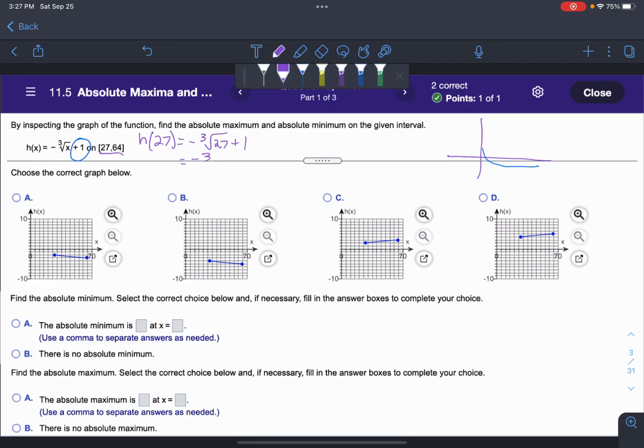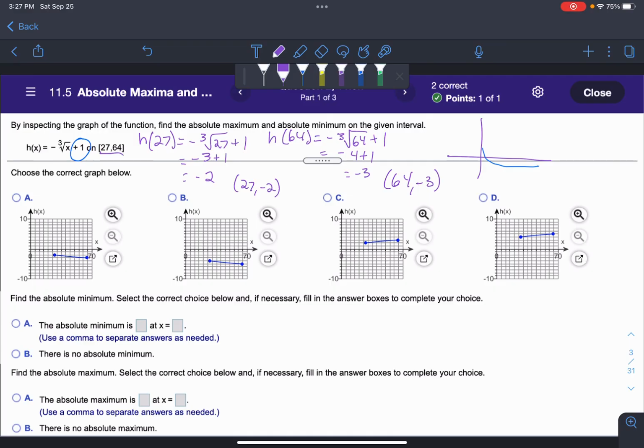You can use a calculator if that was not obvious. So I get -2. And if I put in my right endpoint of 64, I get the negative cube root of 64 plus 1. The cube root of 64 is 4, so that gives me -4 +1, or -3. So then I should have the points (27, -2) and (64, -3).